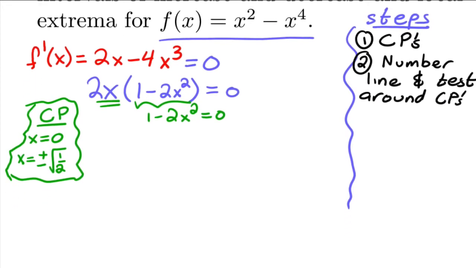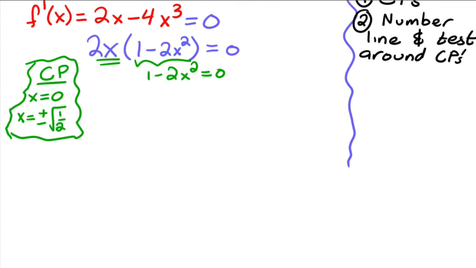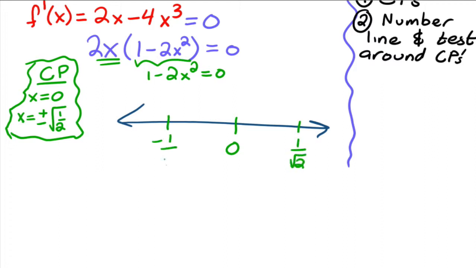Okay, so I have 3 critical points. Let me make my number line. I'm going to plop down 0, 1 over square root of 2, and then minus 1 over square root of 2. Okay, and so then we pick a point in between.